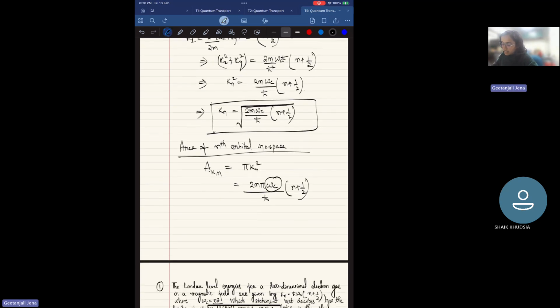And if you put omega c as eB by m, the m will cancel. So this gives 2 pi eB by h cut, n plus half.